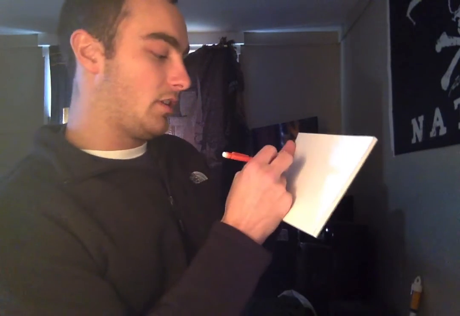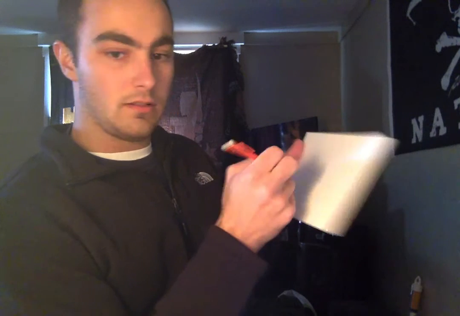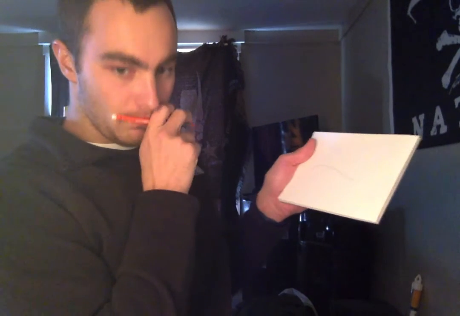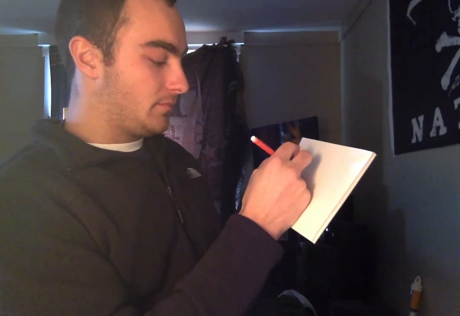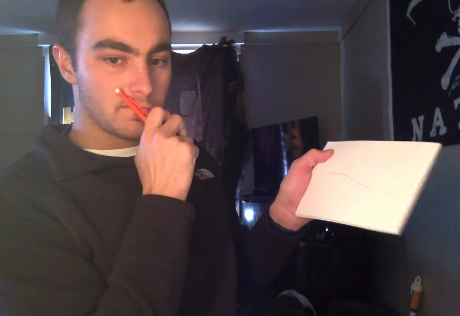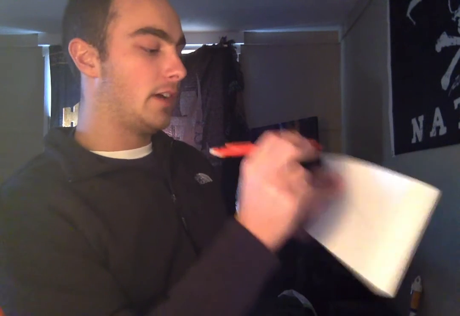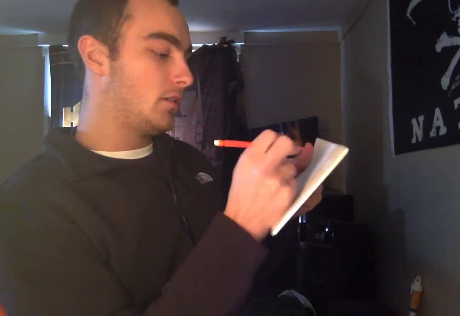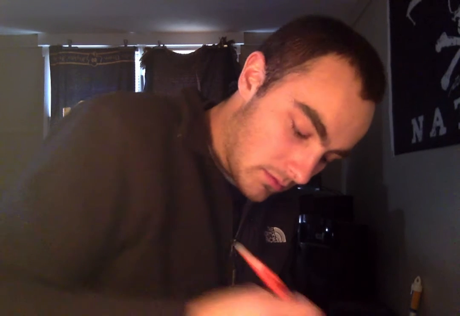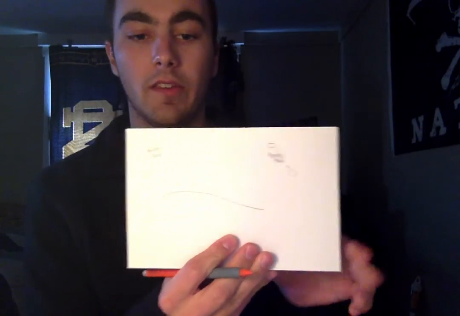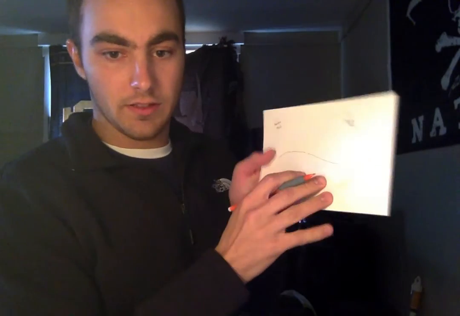So let me draw the mRNA strand again. And then we'll have amino acids all around. So these here, amino acid. All right, so there are the amino acids in the cytoplasm.